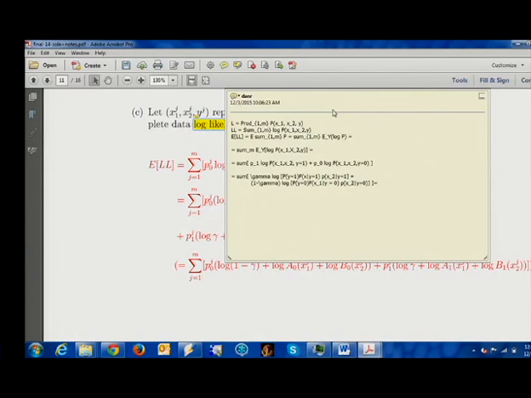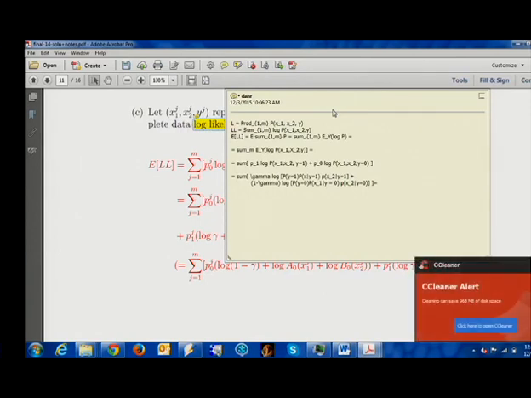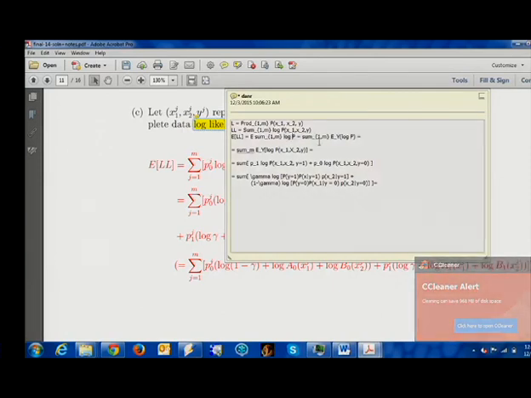The sum from 1 to m, expectation according to y, of log p.